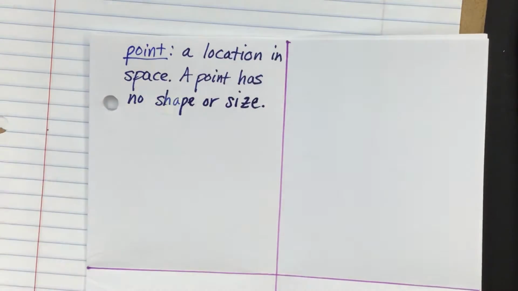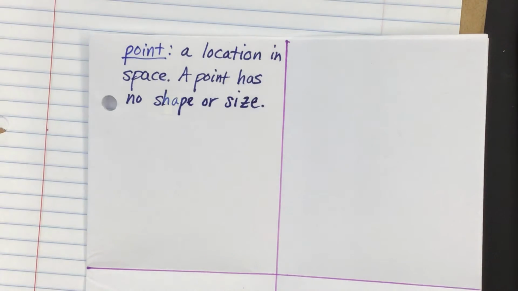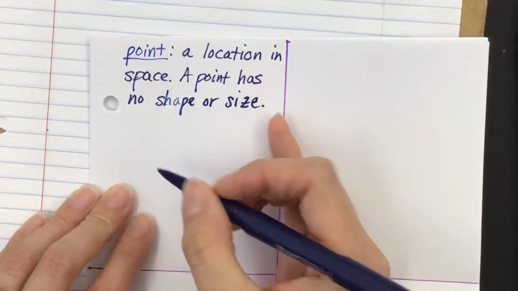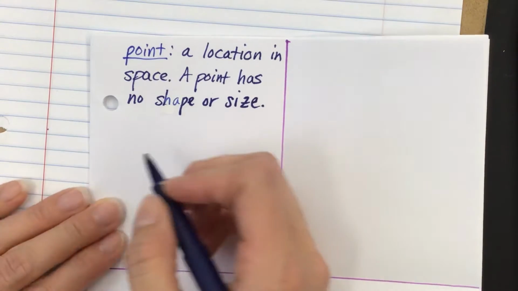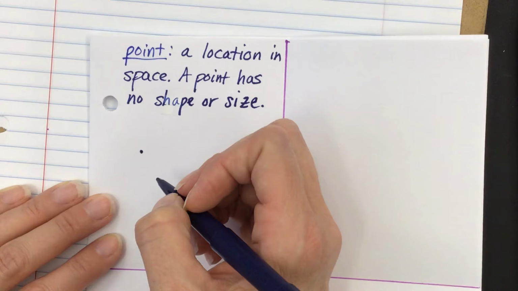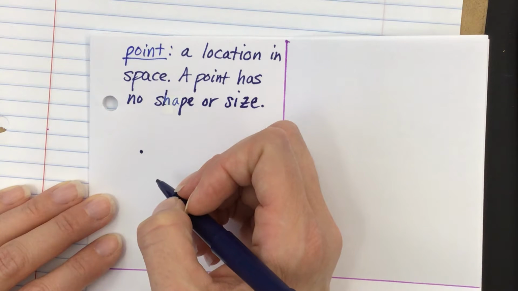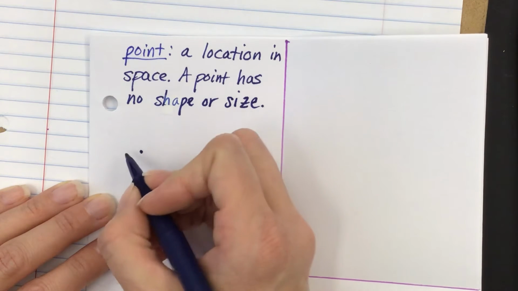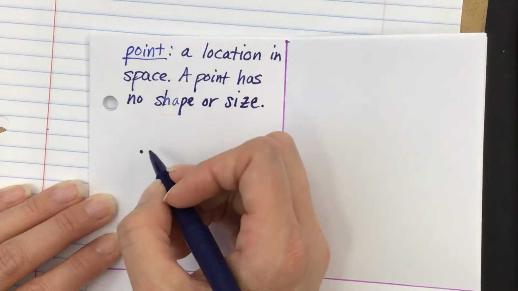Okay, so basically all it is is a location. It does not have a shape. It does not have size. Doesn't have area or volume or any of that, okay? Now, when we are talking about a point on a piece of paper, we just use a little dot, and we name it with a capital letter.